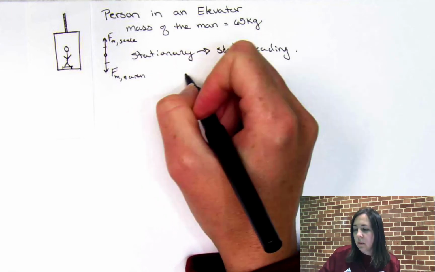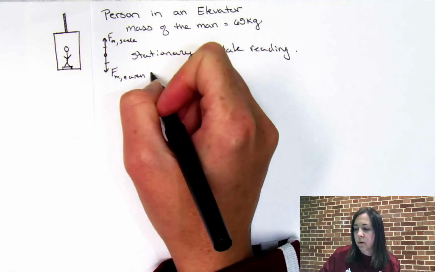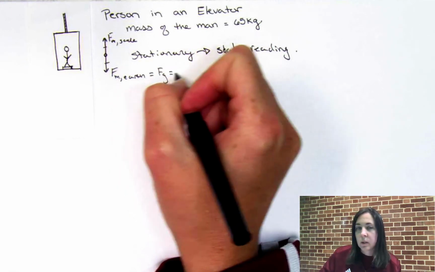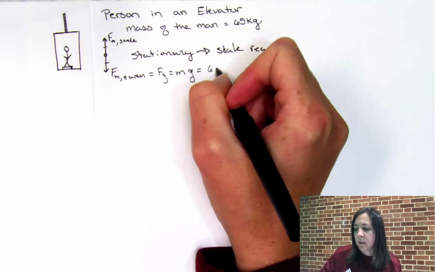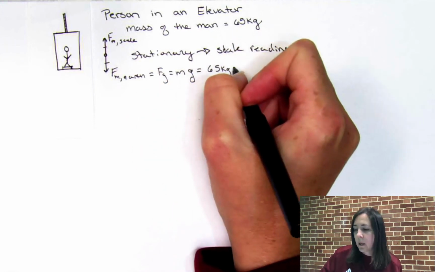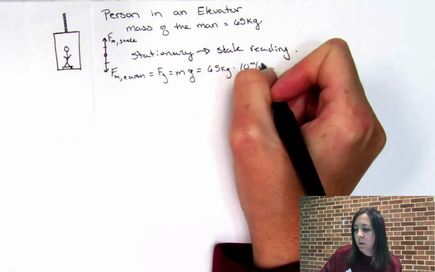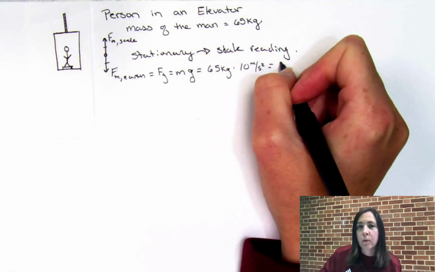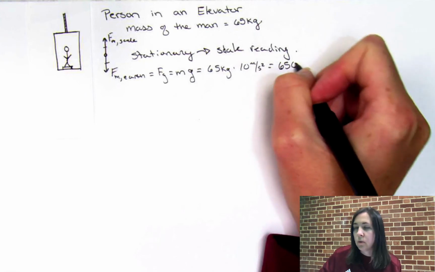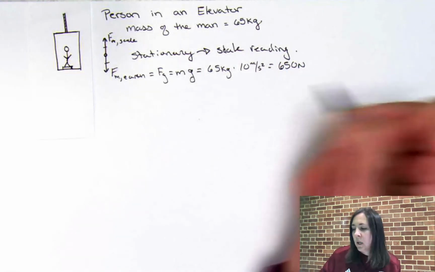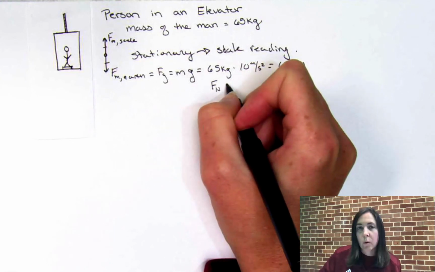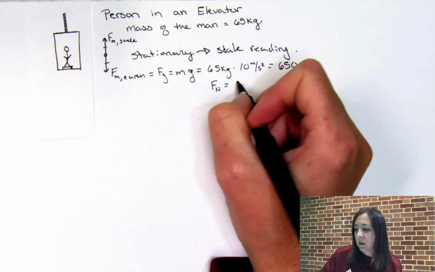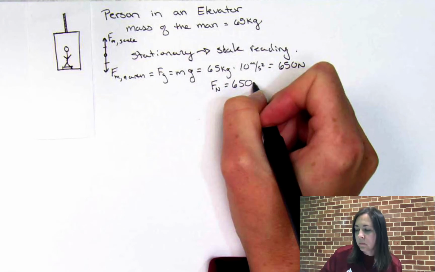And so if the force on the man by the earth, or the force of gravity, is just the mass times the gravitational field strength, then that means I have 65 kilograms times 10 meters per second squared gives me a force of gravity of 650 newtons, which gives me a normal force, or a scale reading. The normal force will be the reading on the scale of 650 newtons.